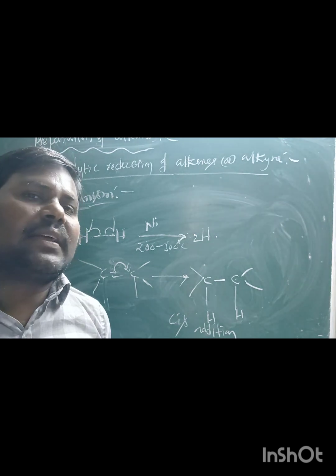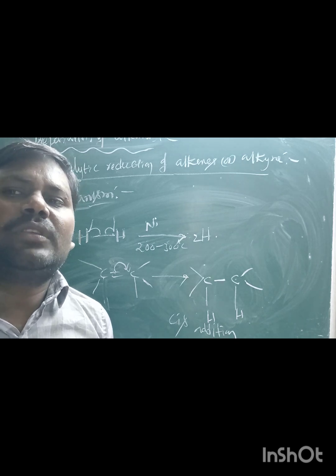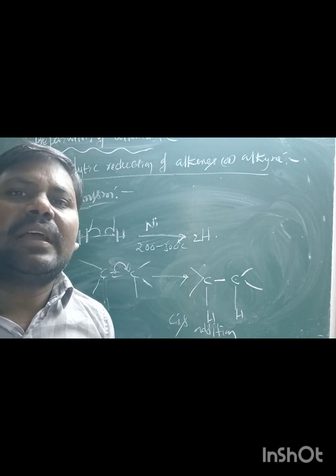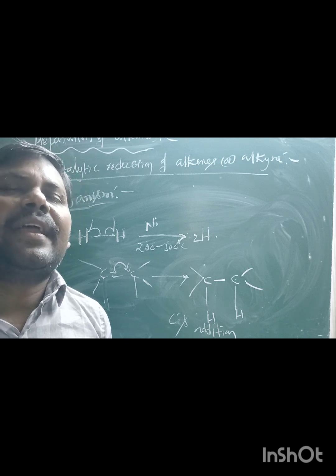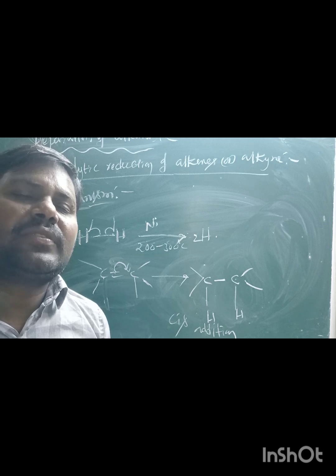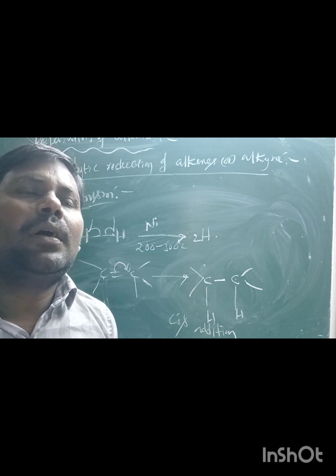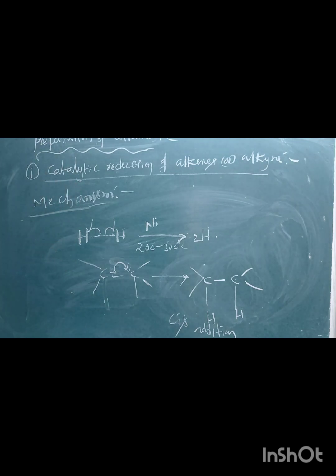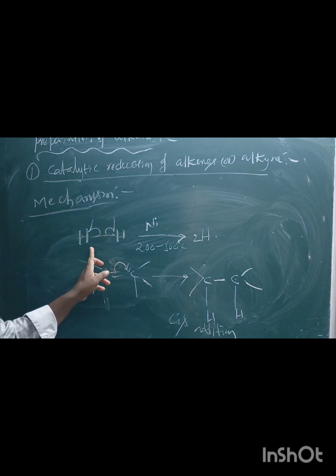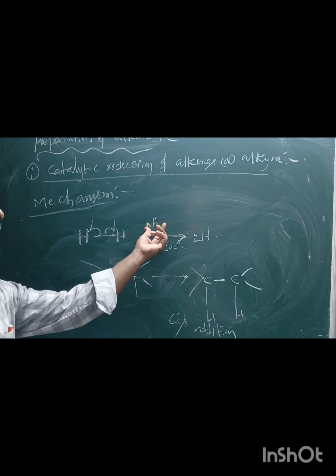The catalysis in which both reactants and catalysts are in the same phase is called homogeneous catalysis. The catalysis in which reactants and catalysts are in different phases is called heterogeneous catalysis. For example, one is in gaseous form or liquid form, and the other is in solid form.